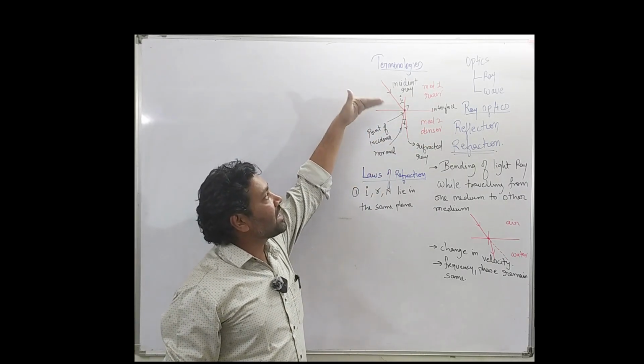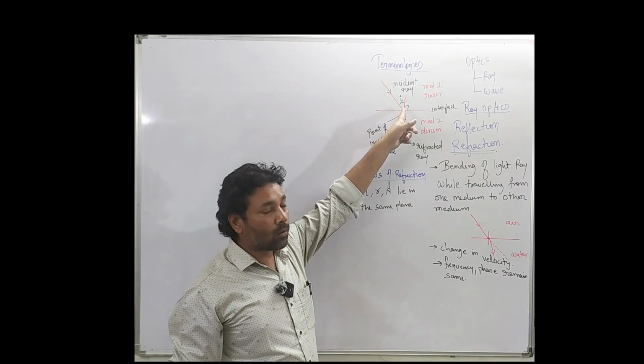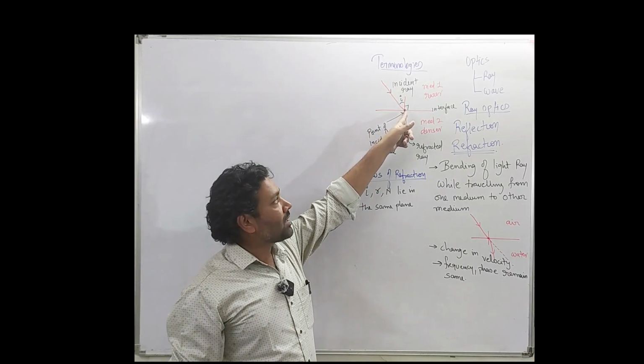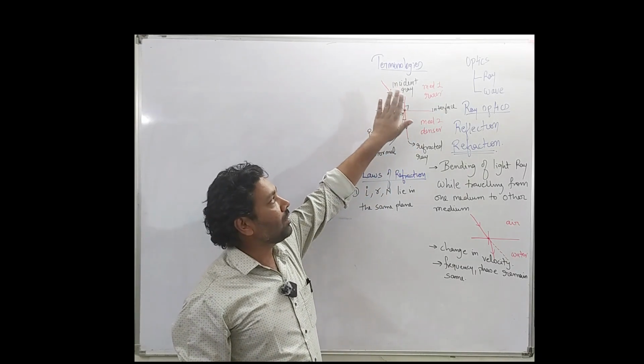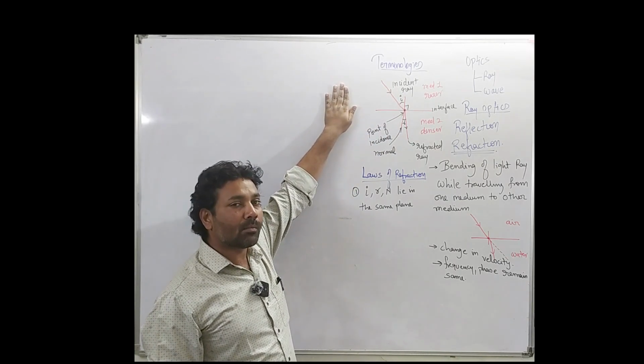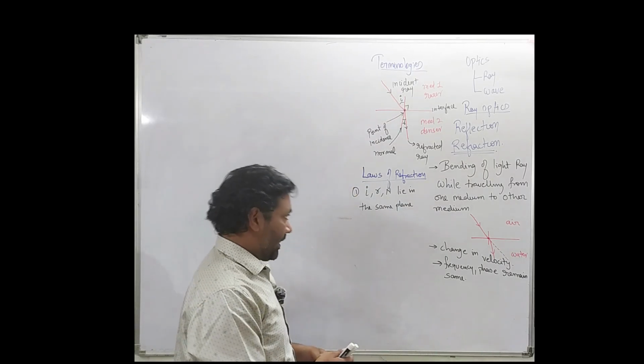Above this line there is air and below this line there is water. So if the incident ray is on this board, you draw the normal at the point of interface, and then you have a refracted ray. All three of them for sure lie on one single plane.